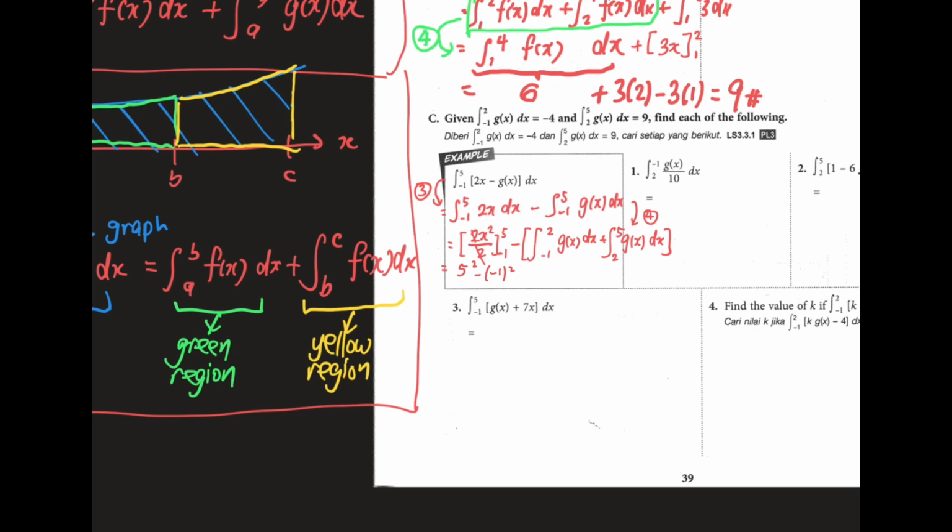Okay, so we do something like this, followed by the information. Okay, so the information given, we have to use it now. Integrate gx from -1 to 2. This whole thing is equal to -4.